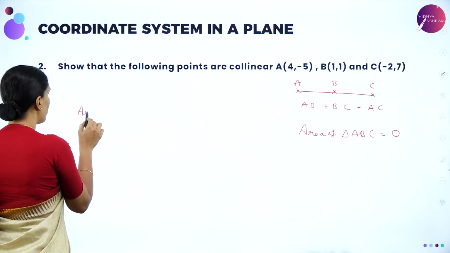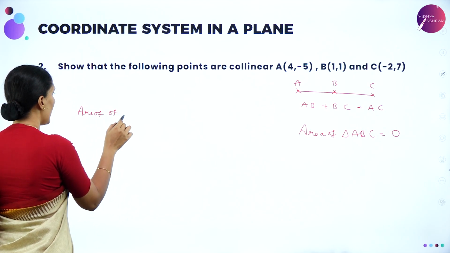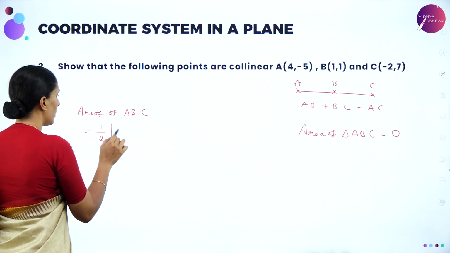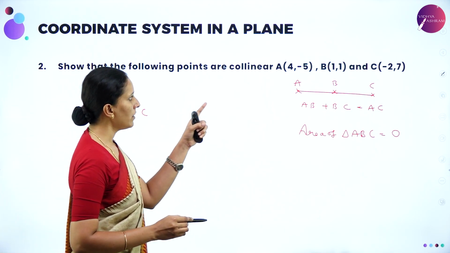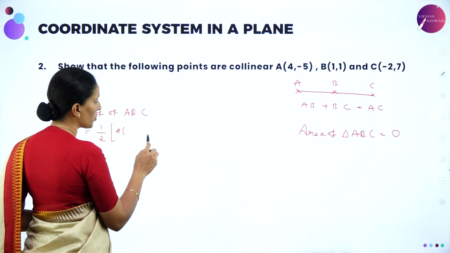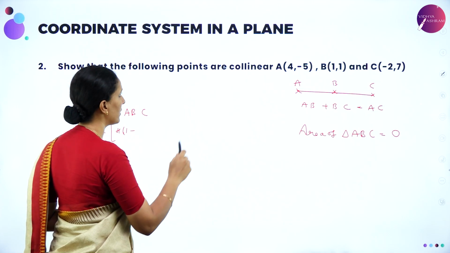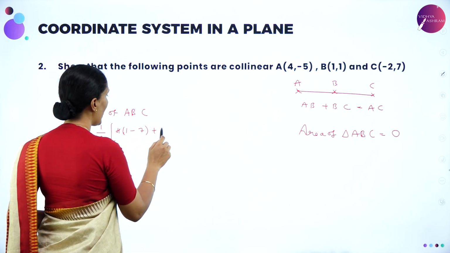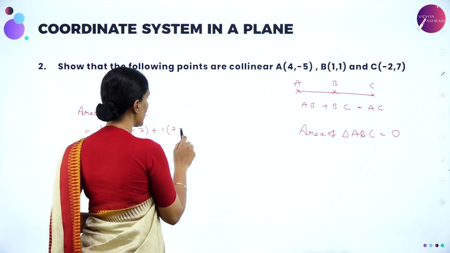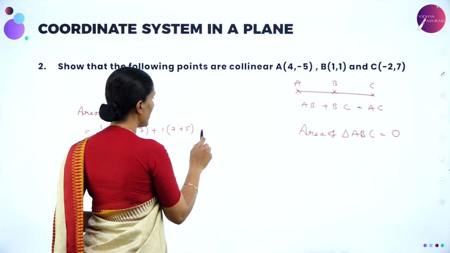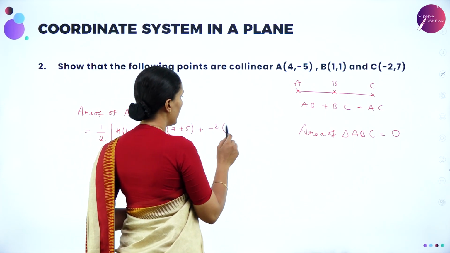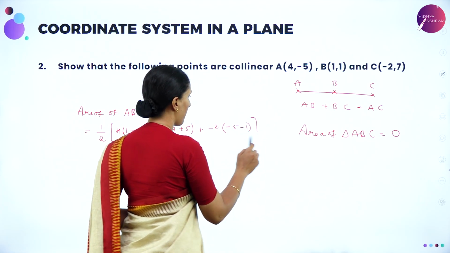So area of ABC is equal to half into, so we know the formula, x1 (y2 minus y3). So x1 is 4, y2 is 1 minus y3 which is 7. Next we have x2 which is 1, (y3 minus y1), so 7 plus 5. Next the last one is x3, so x3 is minus 2 and (y1 minus y2), minus 5 minus 1.